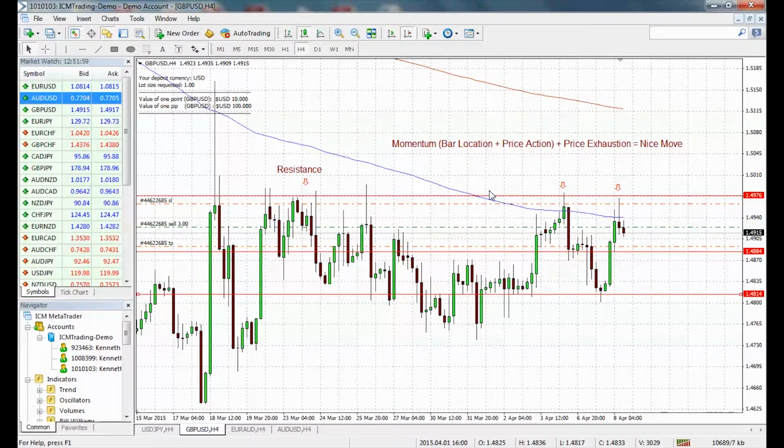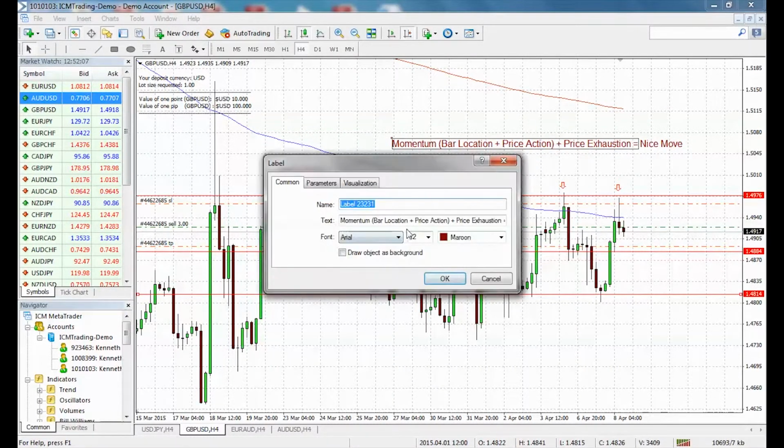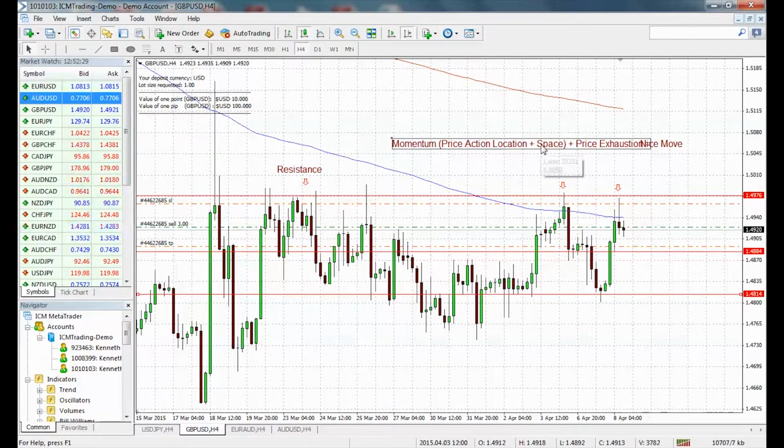All right? So how about I help us both out and narrow this down? So it's price action, location, plus space. All right? And you're going to see this in this scenario.